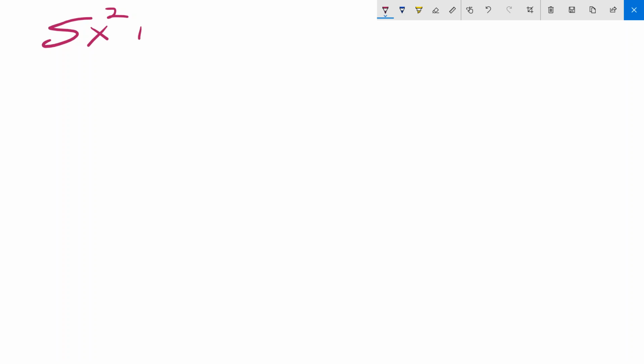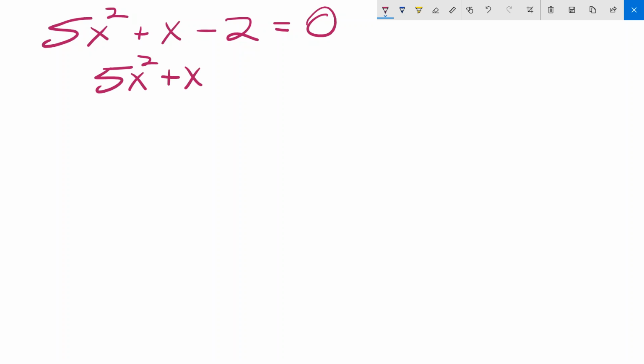plus x minus 2 equals 0. Okay, work me through every line of it. Just read it. Okay. So then you do 5x squared plus x, leave space, equals 2.